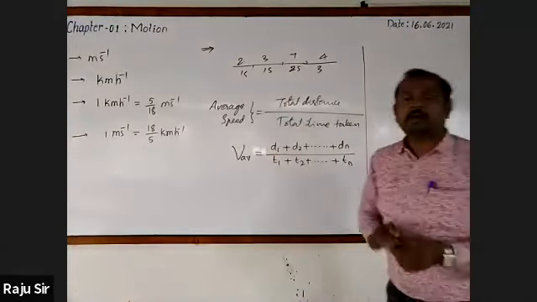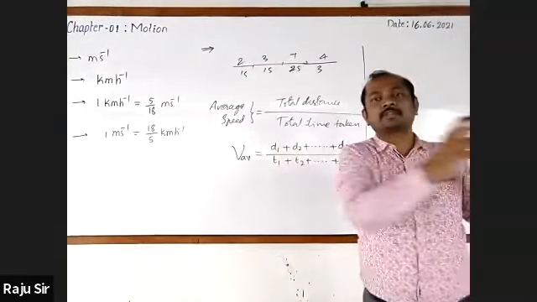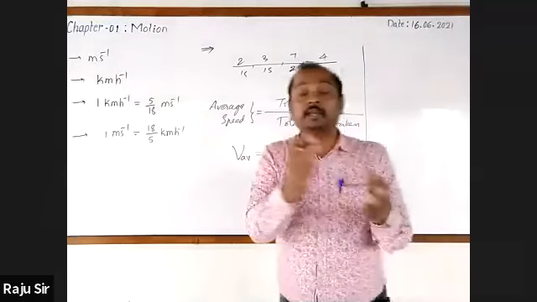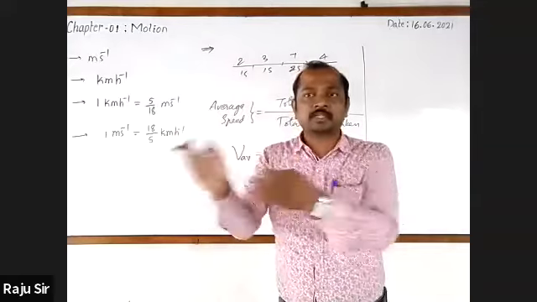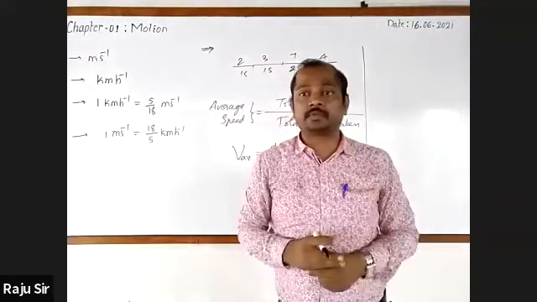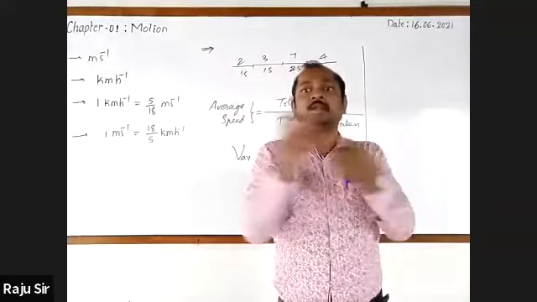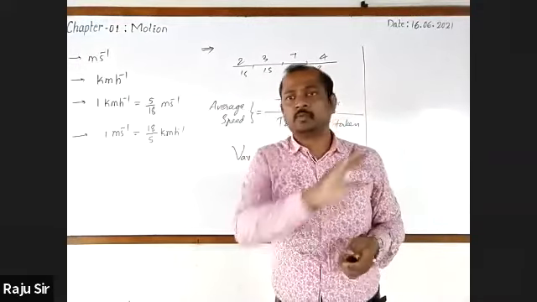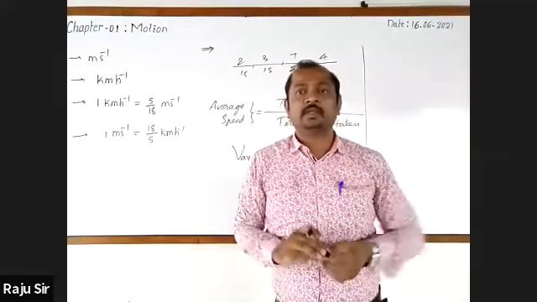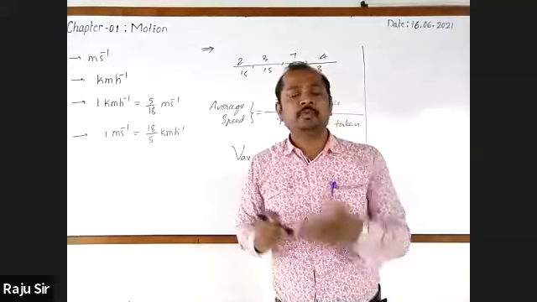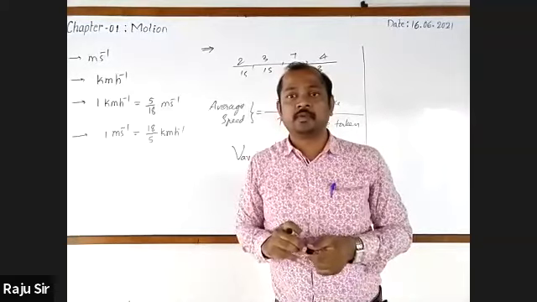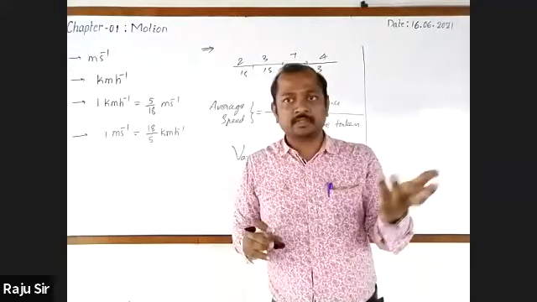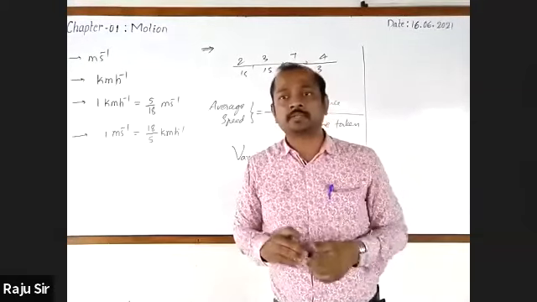Now, in the same way, assume that a body is moving in a straight line. It is covering unequal distances in equal intervals of time, or unequal distances in unequal intervals of time, or same distance in equal intervals of time, whatever it is. Here also, we cannot tell the exact velocity because the distance covered is different in different amounts of time.